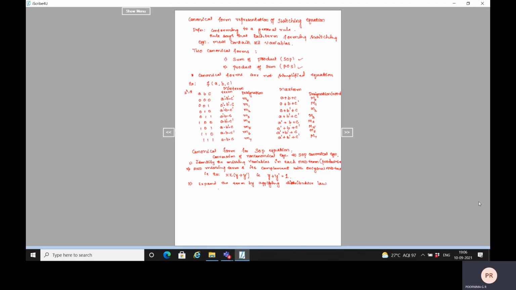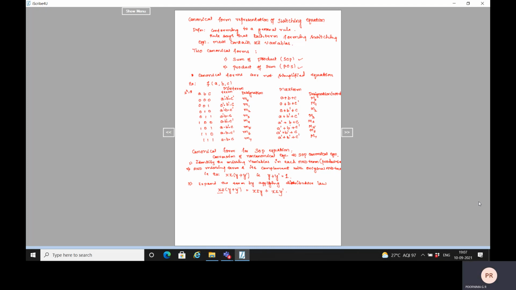The distributive law says that for xz ANDed with y and y bar, when it has to be distributed, xz is the common variable among these two terms. So xz y, xz y bar. That is how a non-canonical SOP equation can be converted into a canonical SOP equation.